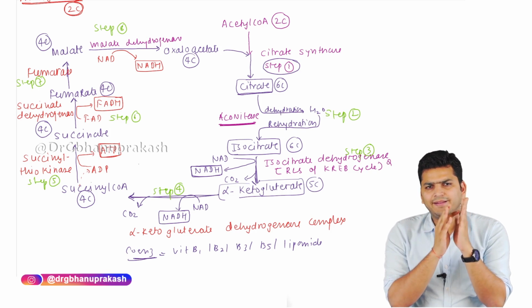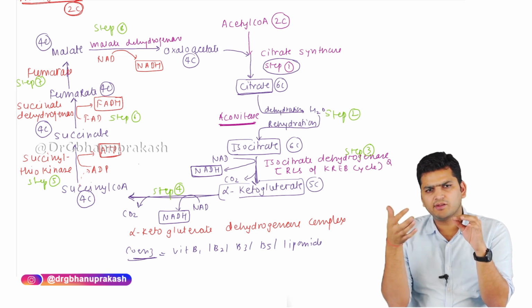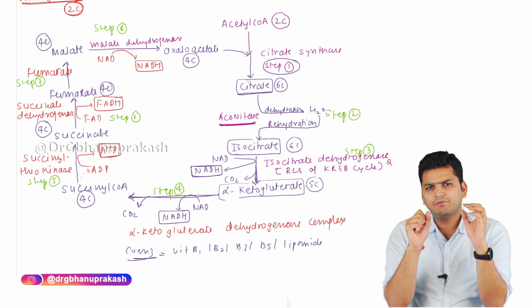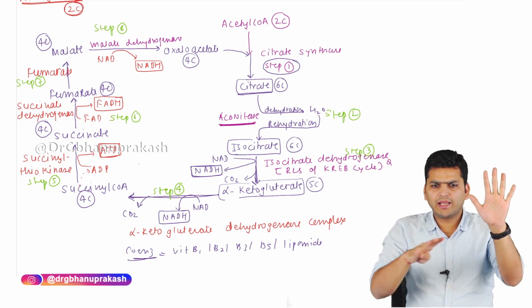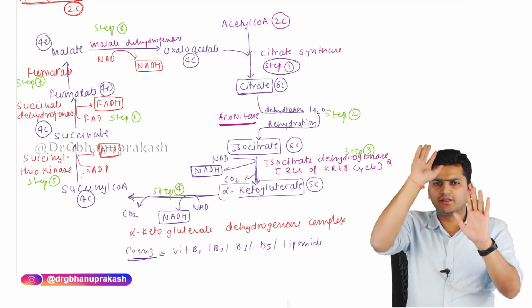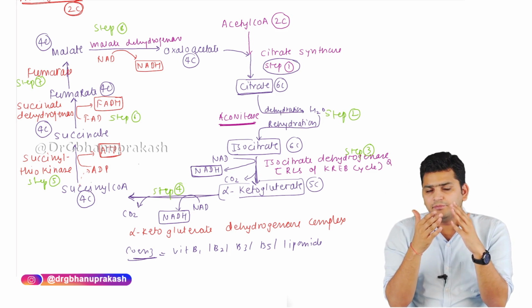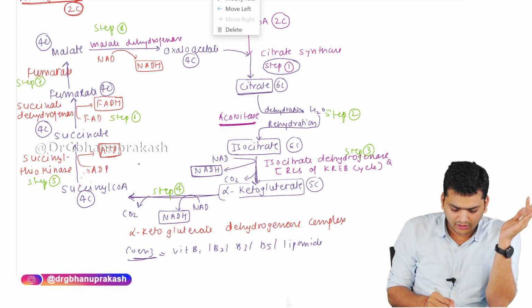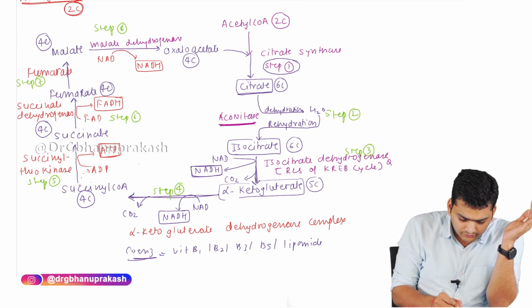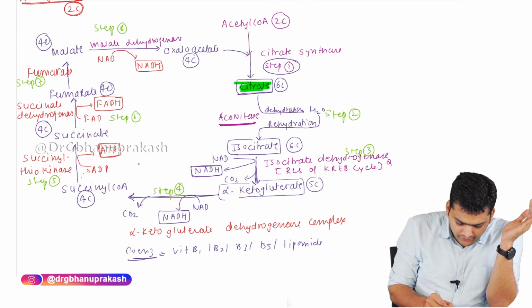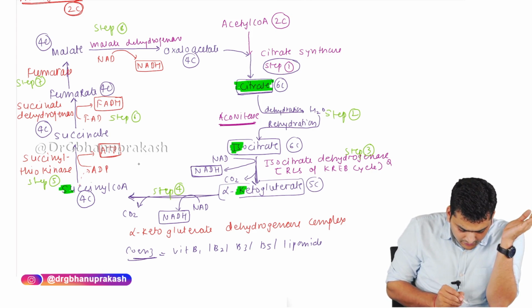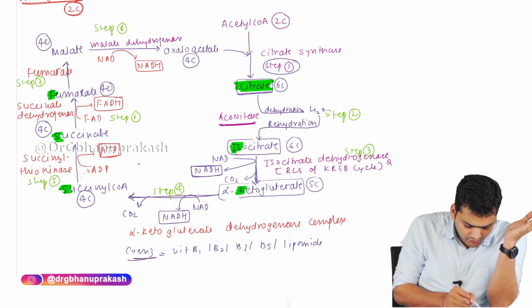What we have remembered till now, let's revise that first, then we'll see the clinical implications. We have understood that alpha ketoglutarate is a 5-carbon molecule, down the line everything is 4, and upstream everything is 6. Then the intermediates we remember by a mnemonic.